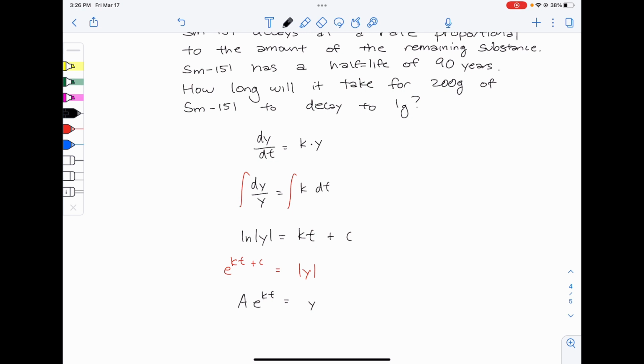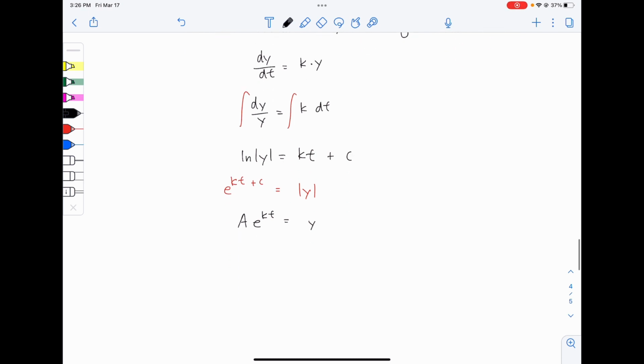Now let's look at this question again. We know that when time is 0, we have 200 grams of SM-151 because we start with 200 grams. So that's the first thing we're given. When t is equal to 0, we have 200 grams. Let's solve this over here.